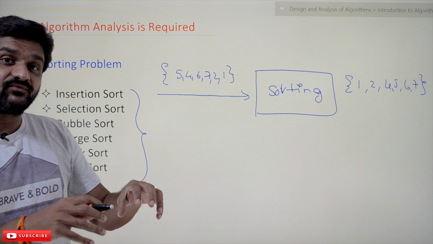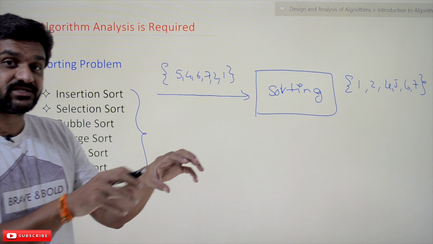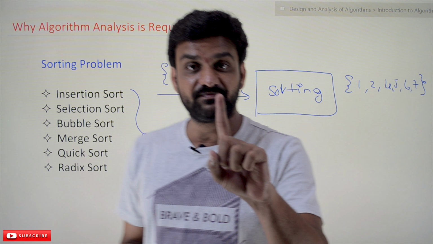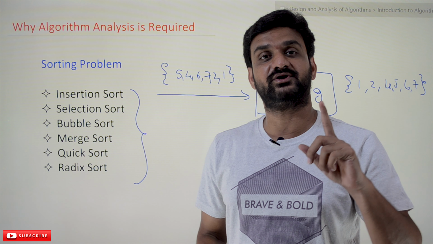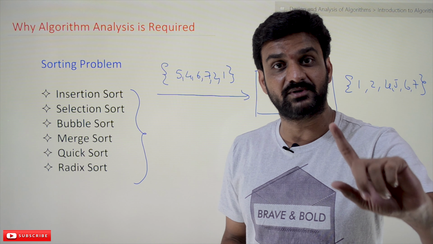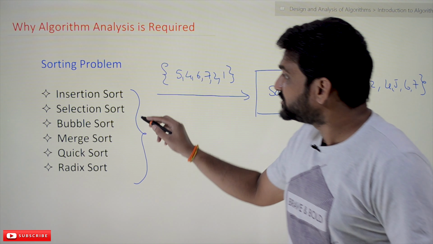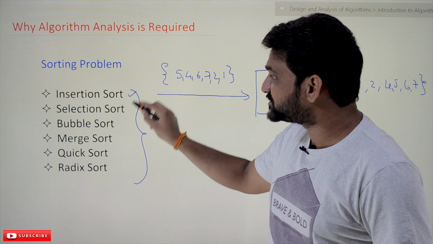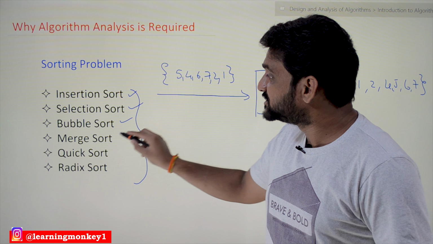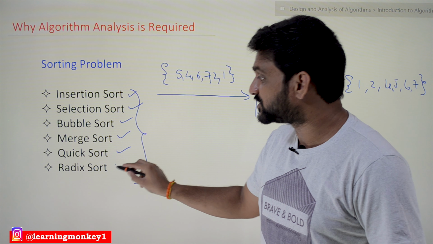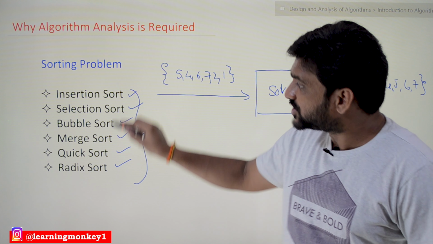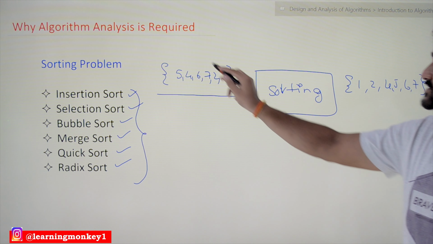At this point, the very important thing to understand is that for one single problem, the sorting problem, we have different solutions here: insertion sort, selection sort, bubble sort, merge sort, quick sort and radix sort. All of these solve the problem in the same way.